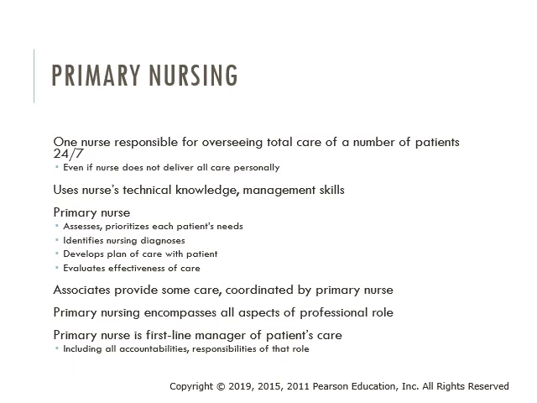Primary nurse encompasses all aspects of the professional role, so it includes direct patient care as well as management and leadership, patient advocate, everything under the scope of practice really is encompassed in primary nursing, and those tasks and skills are covered by the primary nurse. Primary nurse is the first line manager of the patient's care, including all accountabilities and responsibilities of that role.